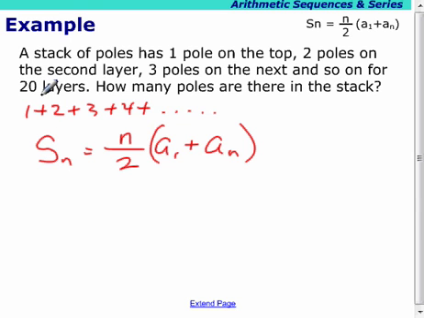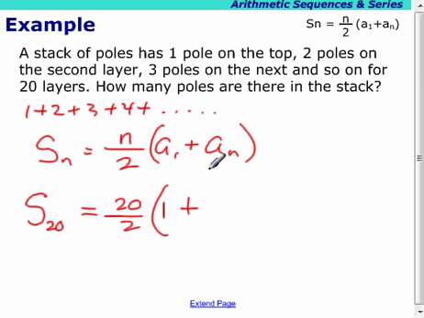So in this case, I have 20 layers. Since there's 1 on the first layer, 2 on the second, I assume there's going to be 20 on the last layer. So the sum of those 20 numbers in that series is equal to 20 over 2 times first term was 1 plus the last term was 20.